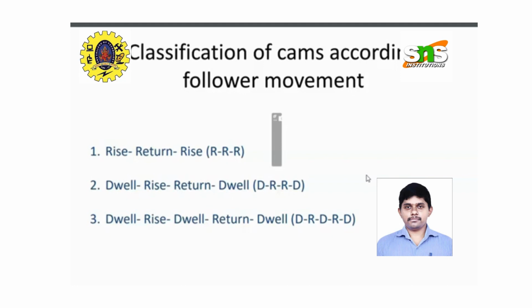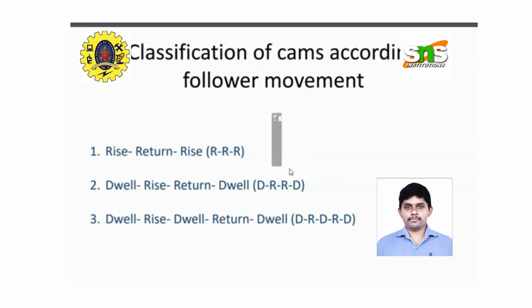Here we represent the motion of the cams in 3 different categories. The first is called rise, the second is called return, and the third is D, which we call the dwell.